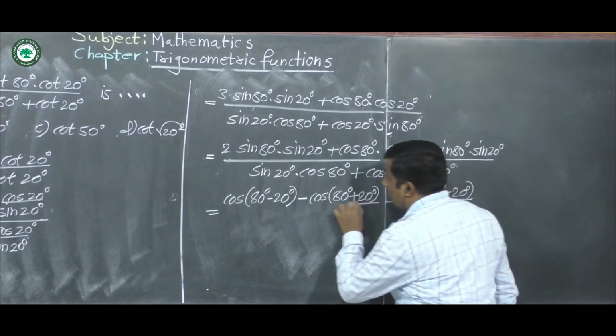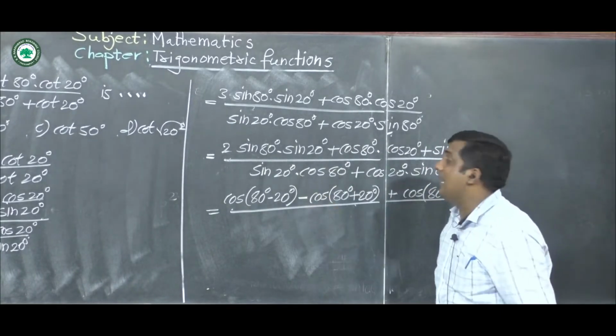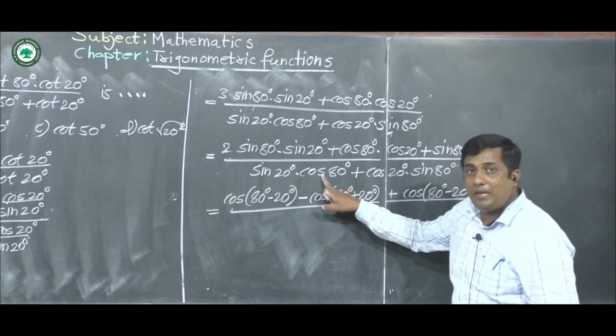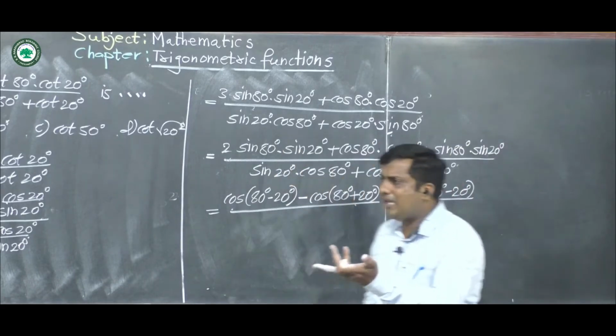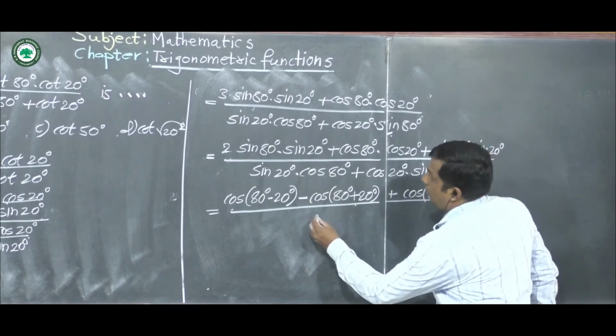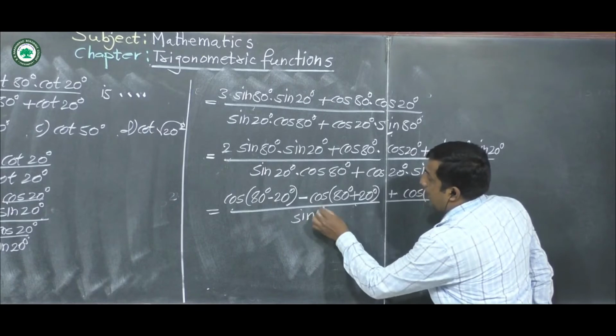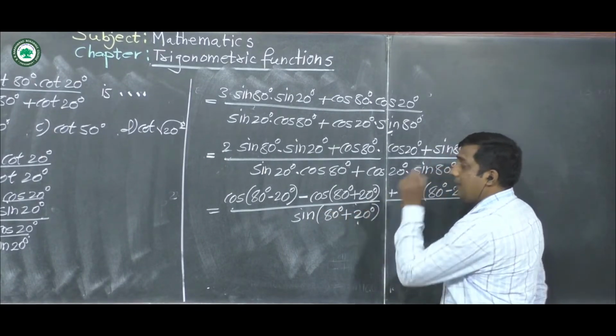and this whole divided by, again in the denominator our form is sin A cos B plus cos A sin B, and we know this is sin of (A plus B). So here sin of A plus B means 80 degree plus 20 degree.